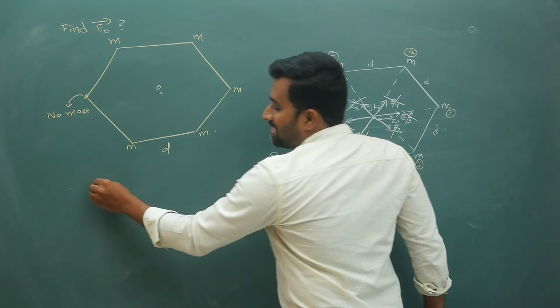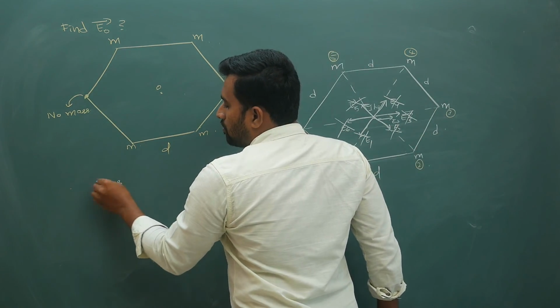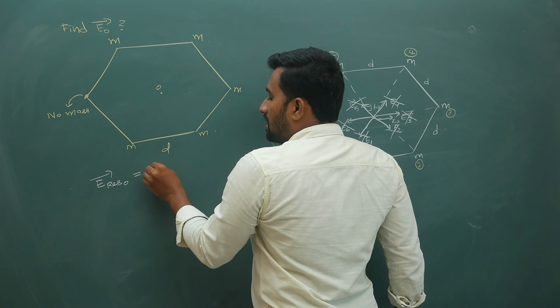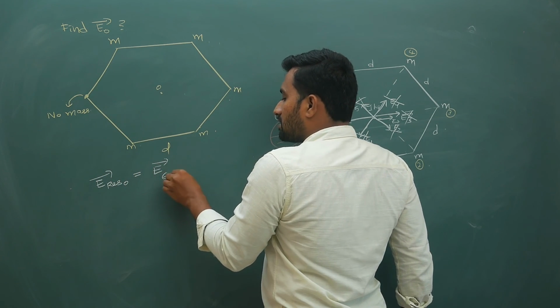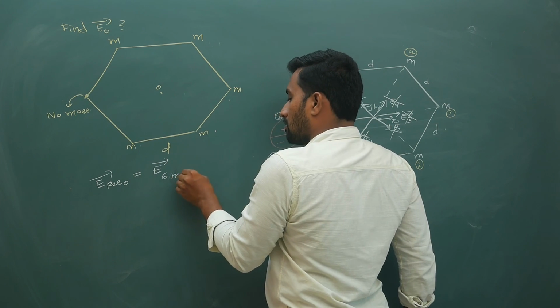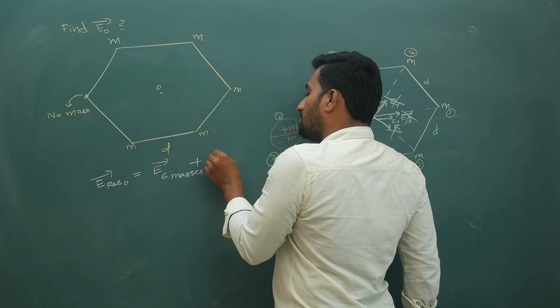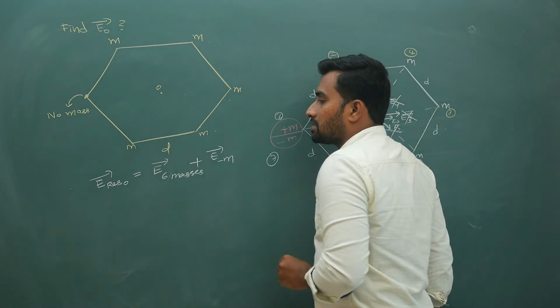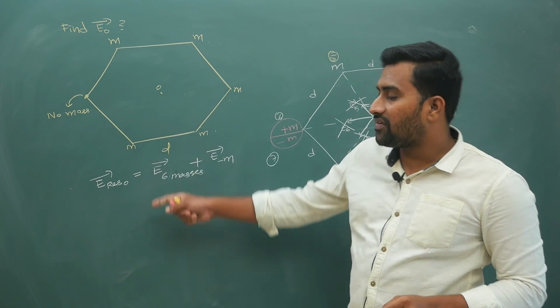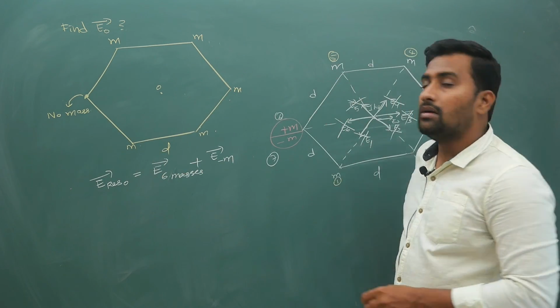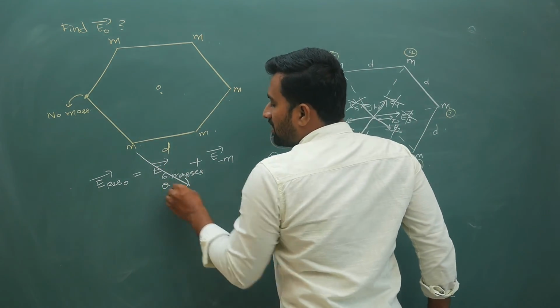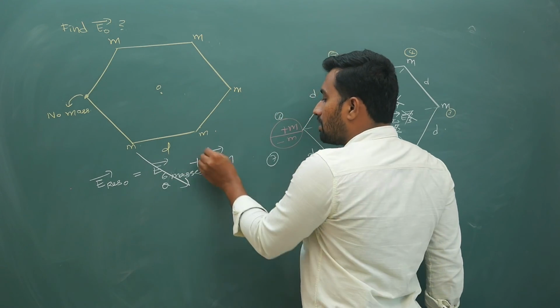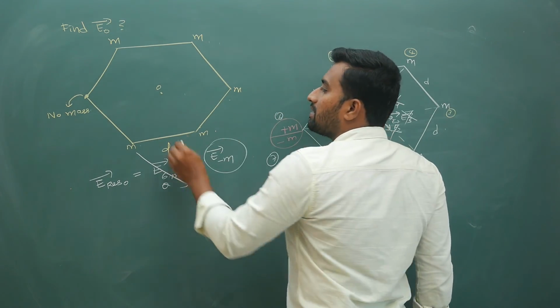So your E resultant at O is E bar because of 6 masses plus E bar because of negative mass. Okay, totally there are 5. Your 5 is 6 minus 1. Because of 6 masses, your field is 0. They will cancel off each other. Because of this negative mass only, it will remain.